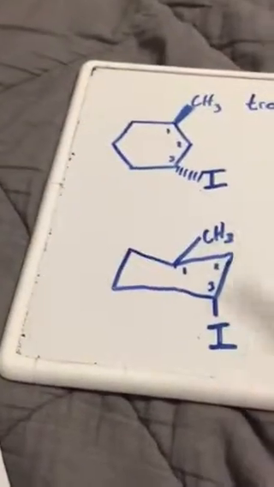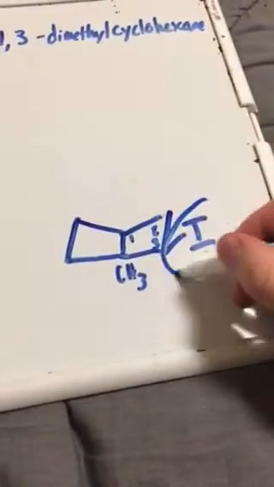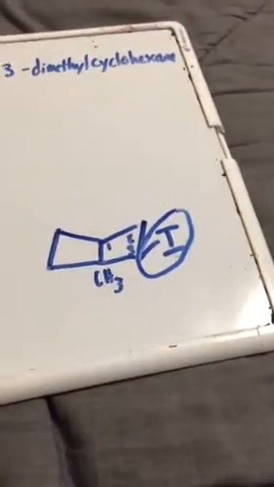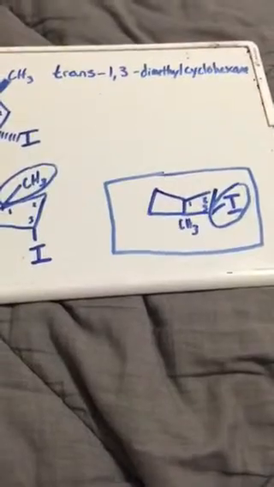So what that does is now we can look and say, okay, the ones with the more equatorial groups are the more stable. So here we have an equatorial CH3, and over here we have an equatorial iodo group. So the iodo group is going to be larger, which means that out of the two chair conformations, this one is going to be the more stable.